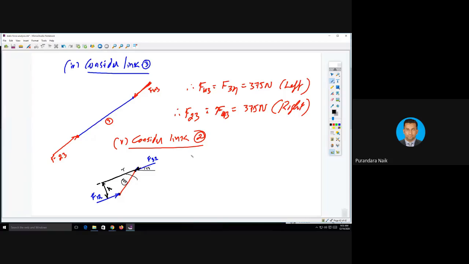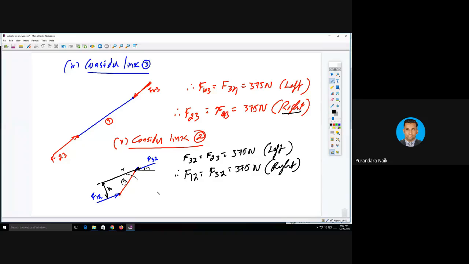Therefore, F32 is equal to F23 is equal to F. What is F23? 375 Newton. It is towards left, because here it is right. Therefore, F12 is equal to F32, which is 375.